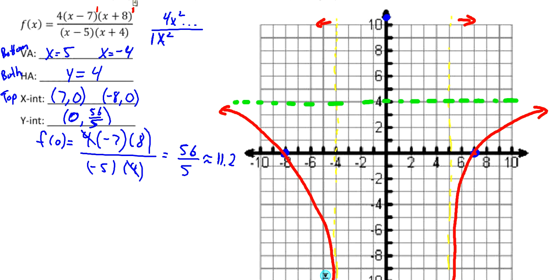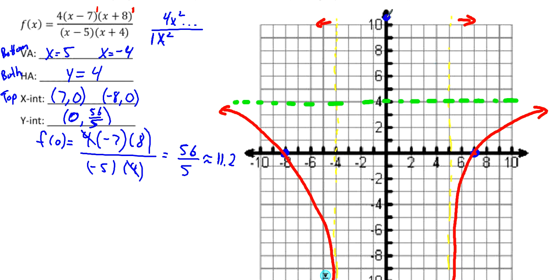Okay. Now the middle piece, again, we have these vertical asymptotes that it can't cross. We have a horizontal asymptote here, and there's no x-intercept here, so we cannot cross this x-axis or these verticals. So the only option it has is to come down and then go back up.